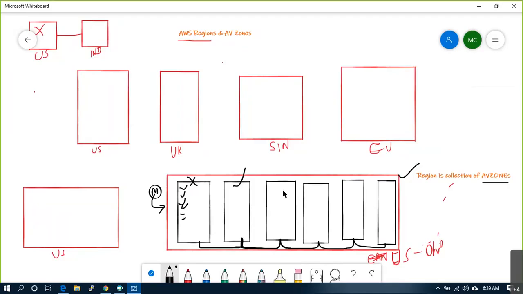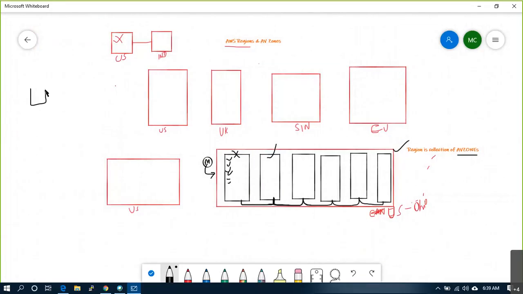Some of the services, not all, because for most services you need to deploy based on availability zones. Let's say you have to deploy a highly available application. That means you require two servers, for example a web server. You deploy two servers and one load balancer, requests come to the load balancer, and you have two servers in the backend.